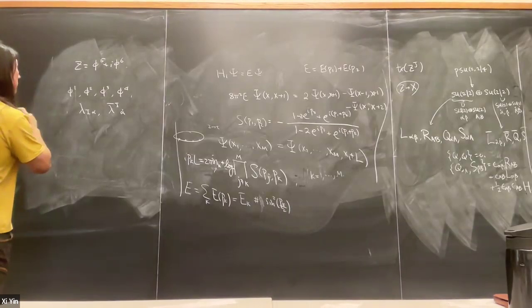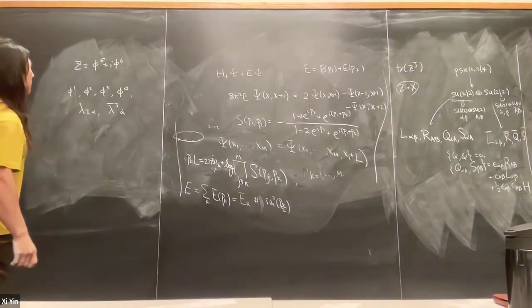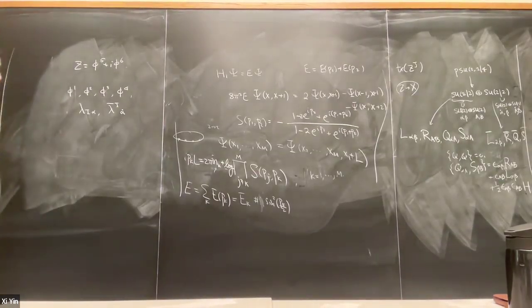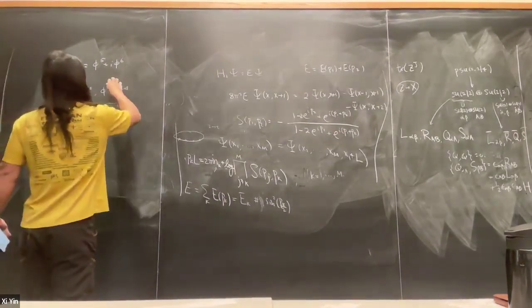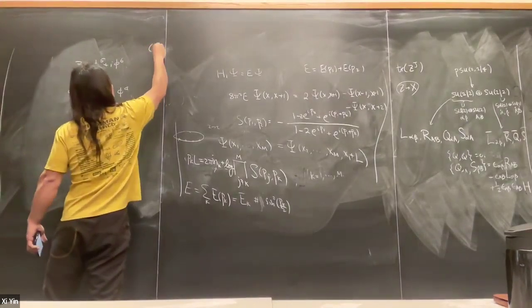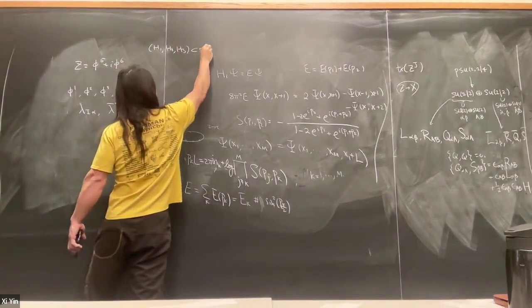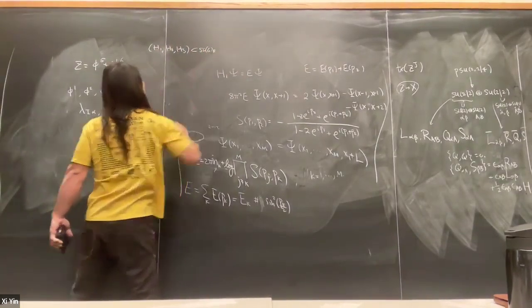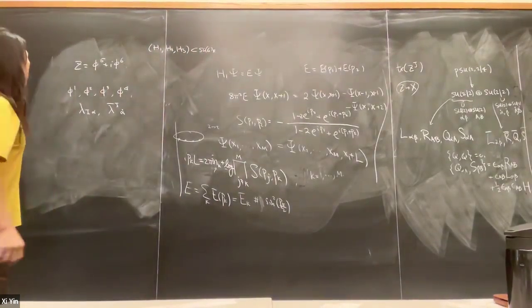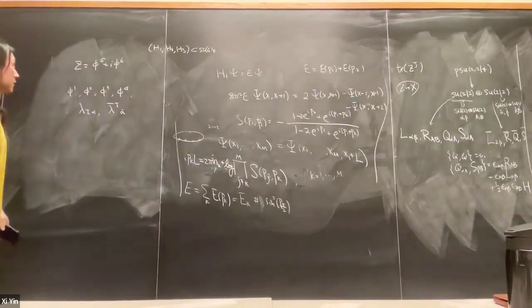We're going to look at the ones that have a chance of participating in operator mixing. Remember we discussed a related point last time. Let's say you have H1, H2, H3, which are the three Cartan generators of the SO(6) R-symmetry. And Z has an H3 charge equal to 1.